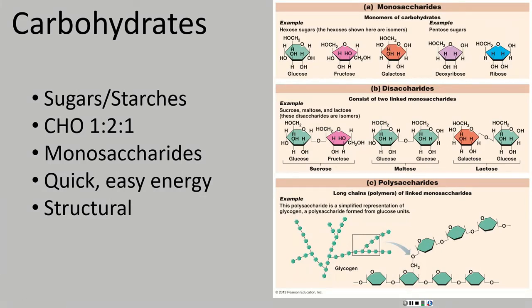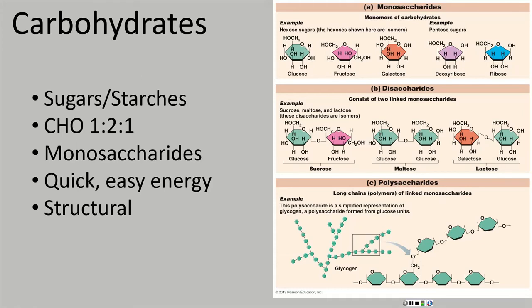Plants store energy in the form of starch. Humans do the same thing. We store extra glucose in long chains, except when we do it, we form something called glycogen. Glycogen is how humans will store excess glucose. We do that in the liver and a few other places around the body.